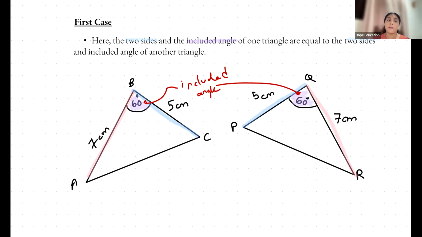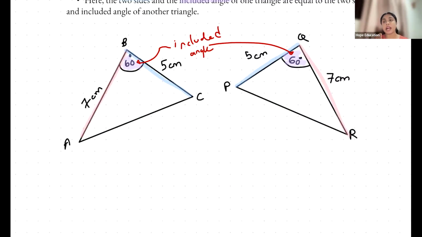Now, here itself, I will teach you how to properly write congruence. In questions, they give you two triangles and ask you to prove that these two triangles are congruent. If they ask you that, I will show you exactly how to write that. Look at this carefully.